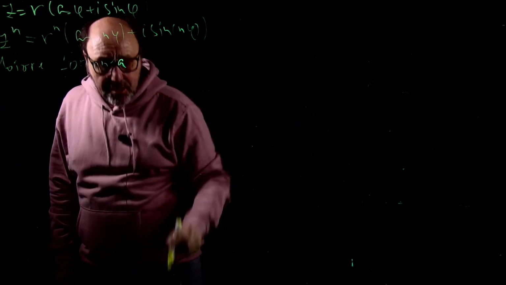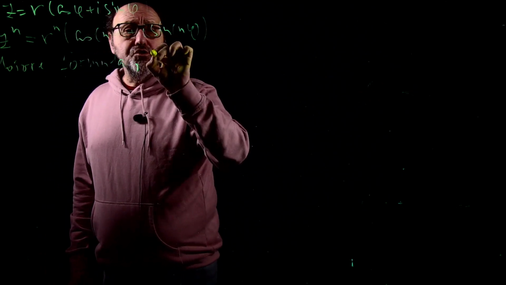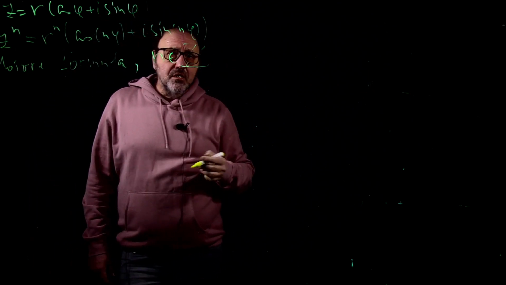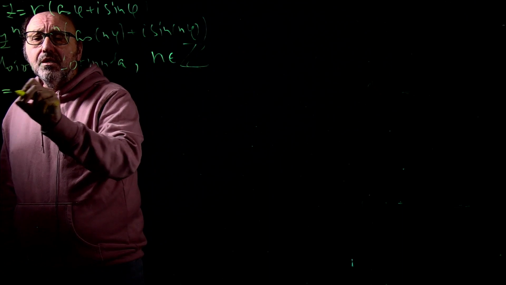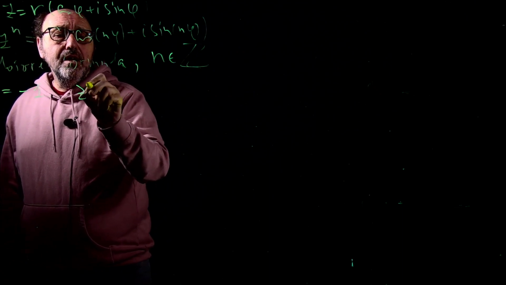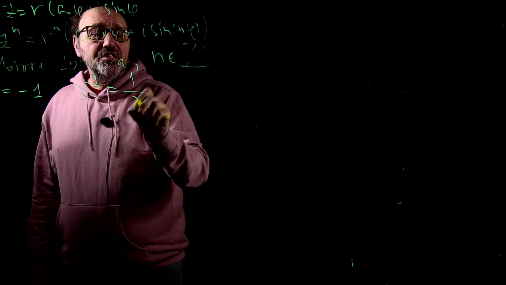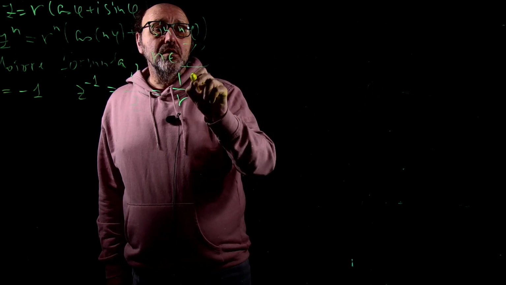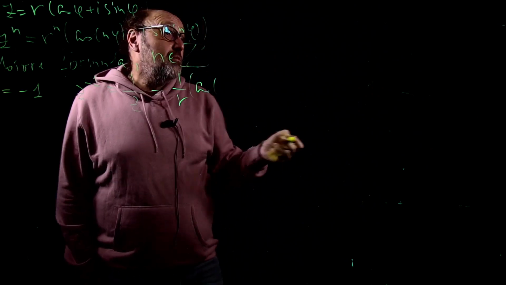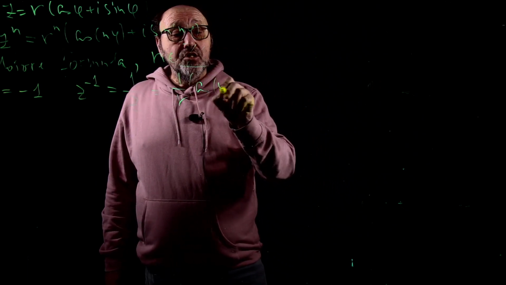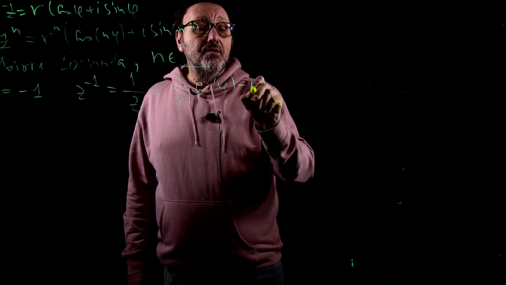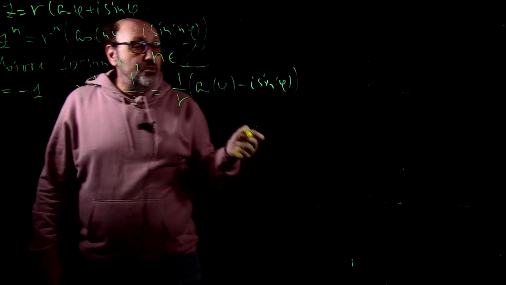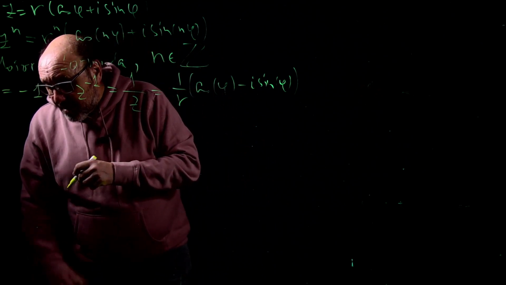It is important to stress that this remains true for any integer n, positive or negative. If you take n equal to -1, you obtain that z to the power -1, that is 1 over z, can be computed by 1 over r times cosinus phi minus i sinus phi, right? Because sinus is an odd function. Good.